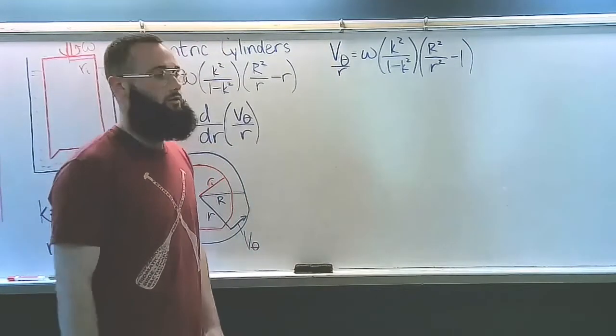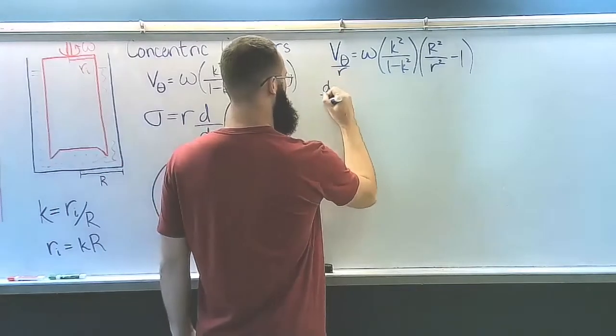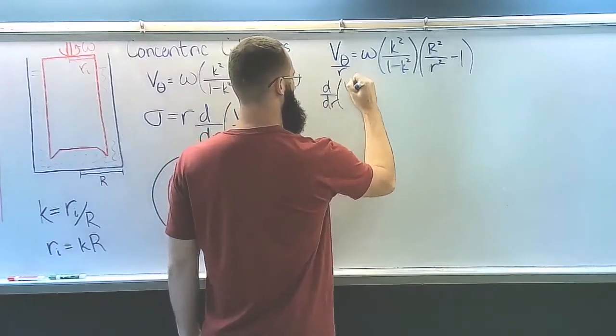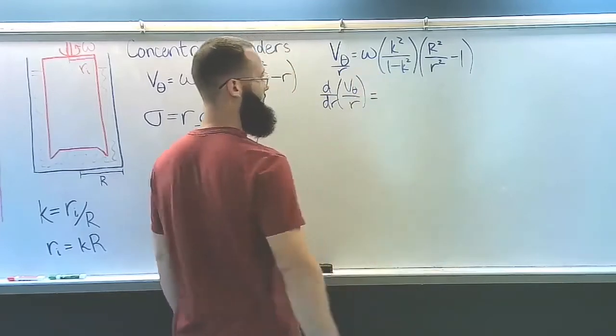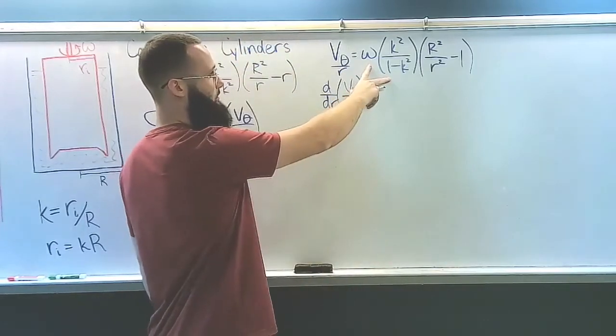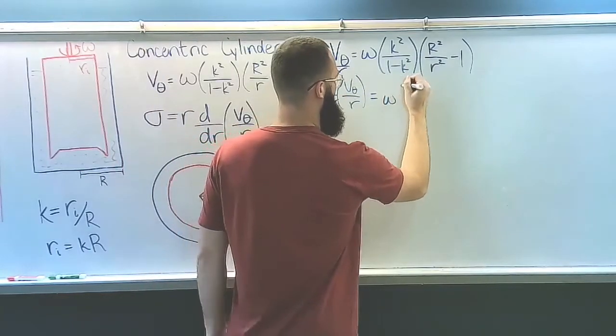From there, we want to take a derivative of both sides with respect to r. So we'll have d over dr of v theta over r is equal to, and you can see all of these do not have an r, so they will be the same.